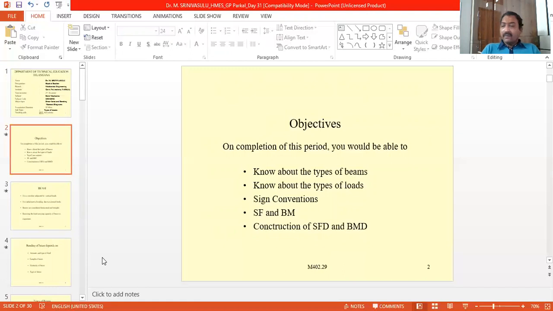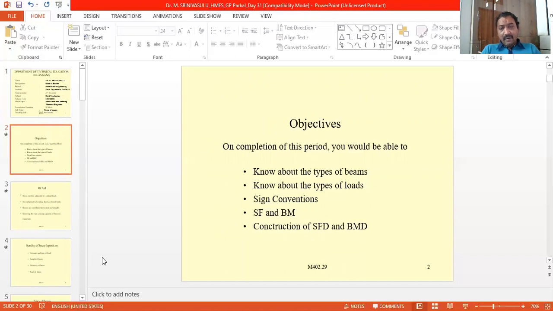Next, we have defined the shear force and also the bending moment. Shear force is nothing but the algebraic sum of the forces acting to the right of the section or to the left of the section. Coming to the bending moment, it is the algebraic sum of the moments of all the forces acting either to the right of the section or to the left of the section.